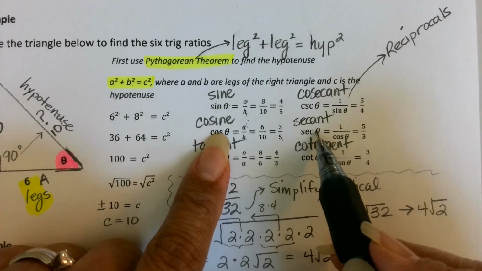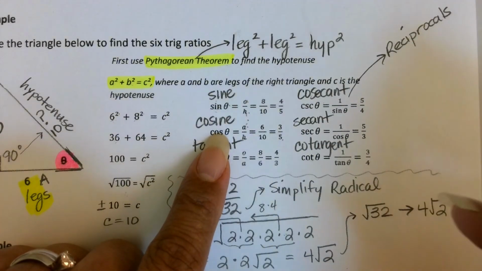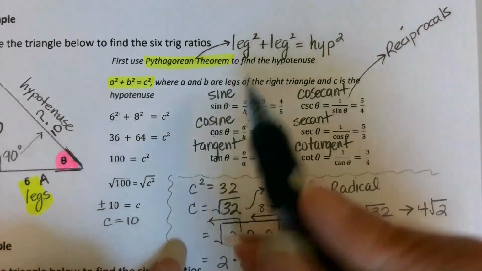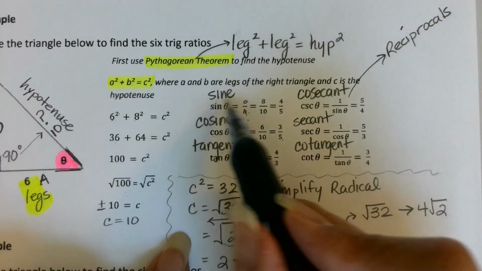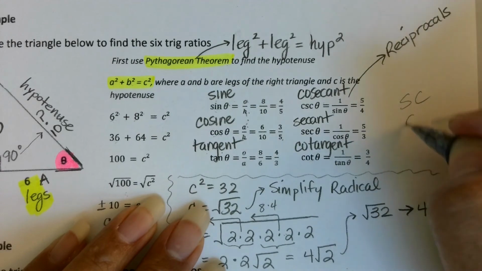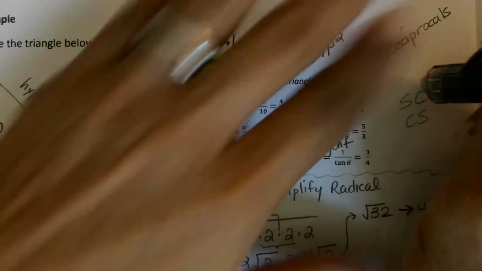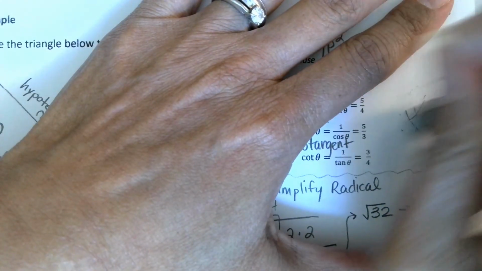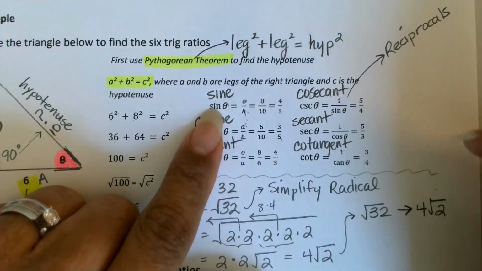So here's my one suggestion that I would use, okay? I want you to notice that they all have to have an SC combination, like this, SC or a CS, okay? Here's what I mean by that. Look at the word cosine. Look at the word sine.